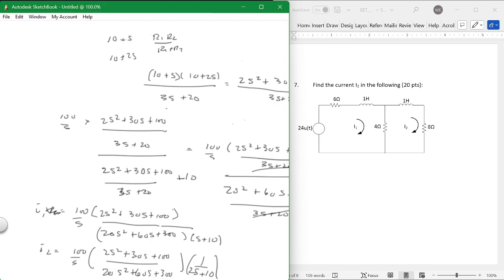All right, number 7, number 8. With these, it's basically writing the equations.